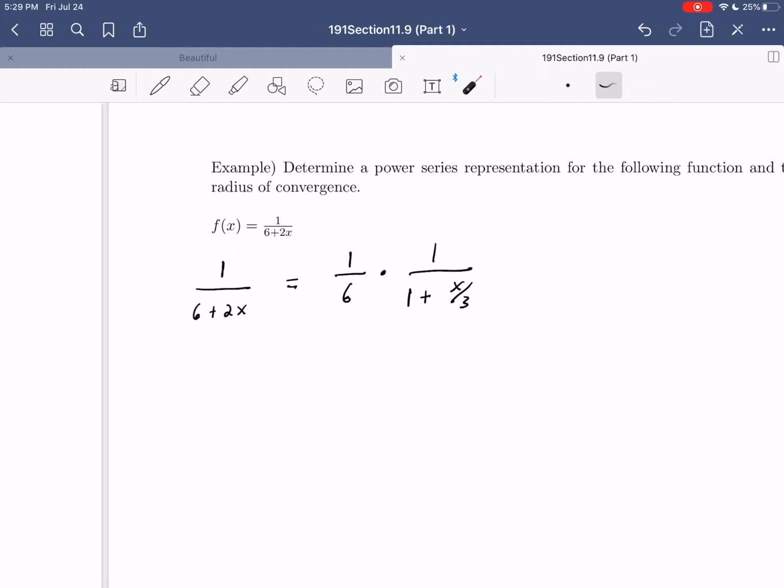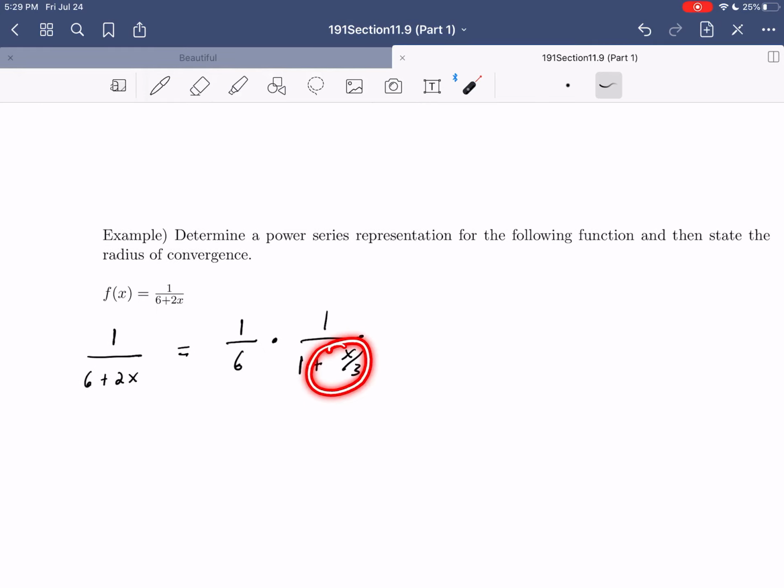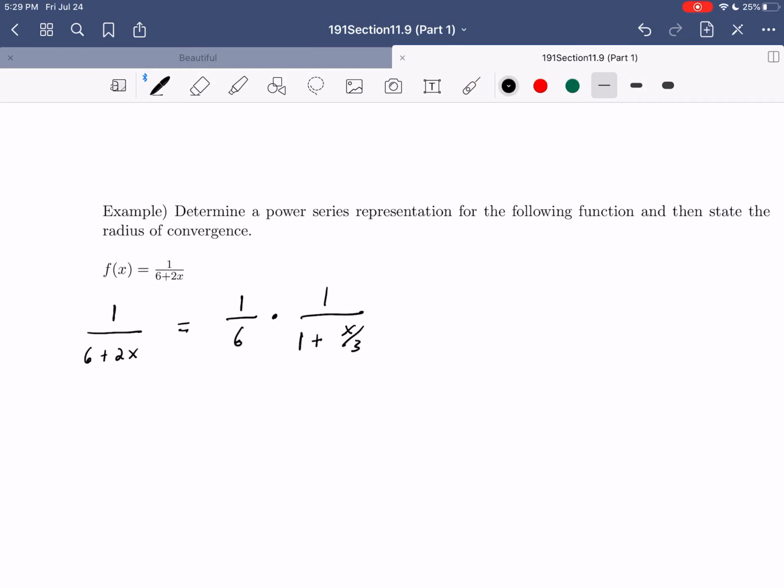Now, the other thing that we want to achieve is that we want it to be 1 over 1 minus x. So we'd like this to be a negative expression. So we can introduce a double negative to do that. So let's have this be 1 over 6 times 1 over 1 minus negative x over 3. And of course, that's legal, right? We can think about that plus x over 3 as minus x over 3.